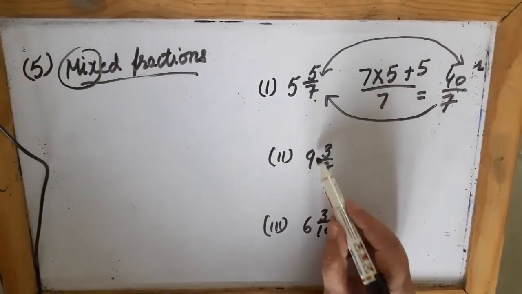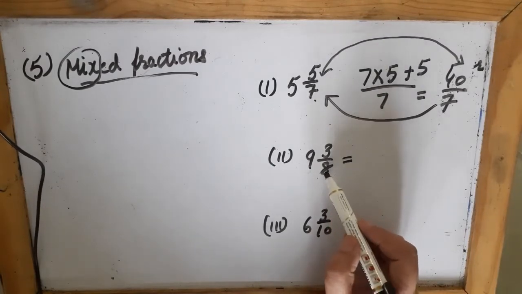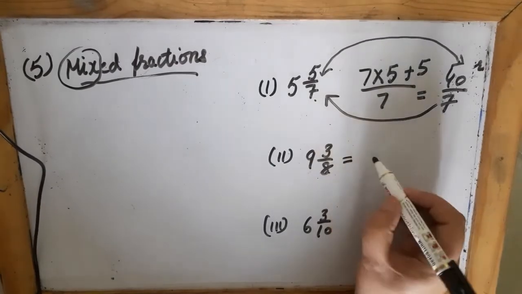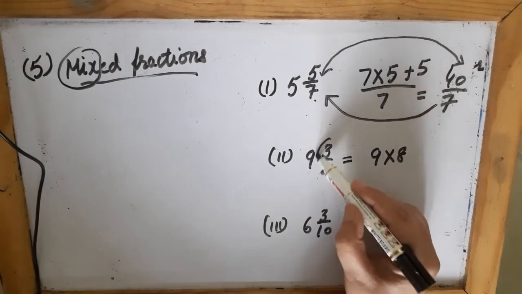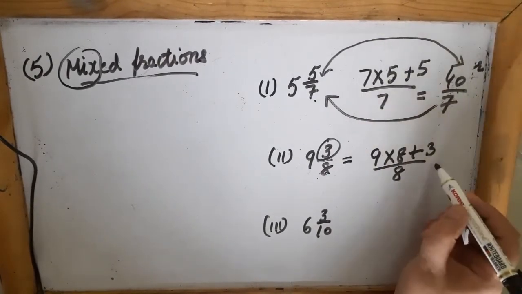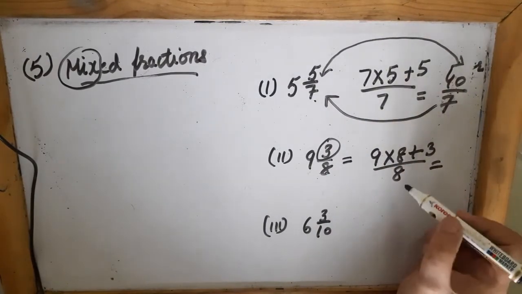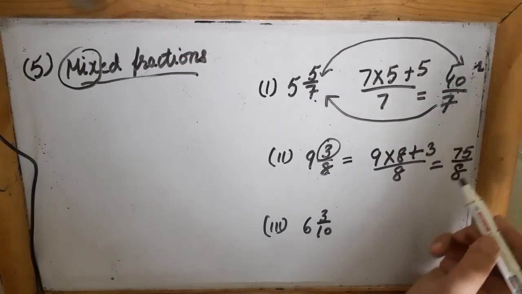Now 9 3/8. How to convert this into an improper fraction? We will multiply 9 and 8, and to this I will add the numerator 3, and the denominator will remain the same. So 9 8s are 72 and 3 is 75 by 8.